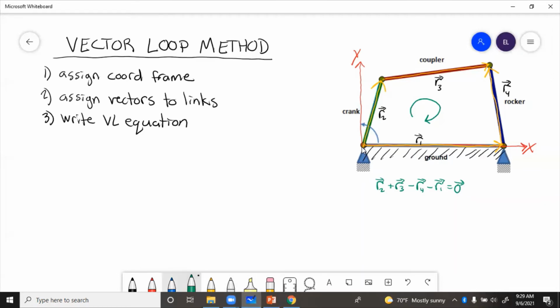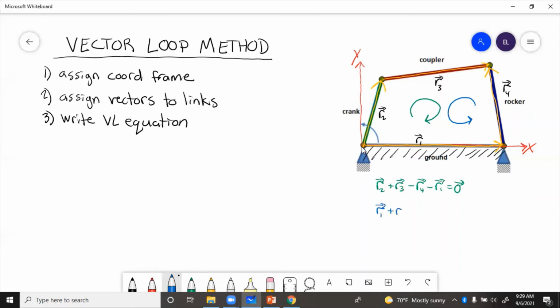Now we could go around in a different direction. Let's pretend if we go around counterclockwise, what would that equation look like? Basically just all the signs would change because we would go in the forward direction of the arrows for R1 and R4 and in the reverse direction of the arrows for R2 and R3. So that would look something like this.